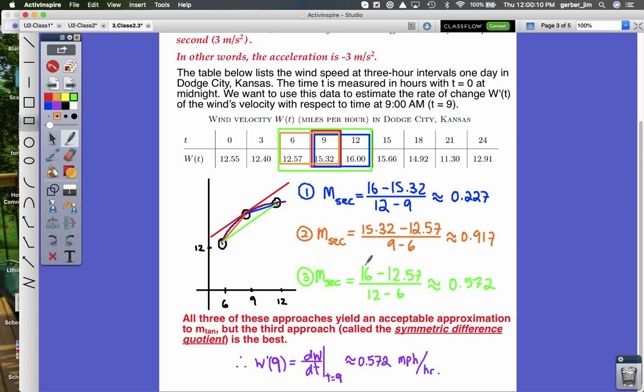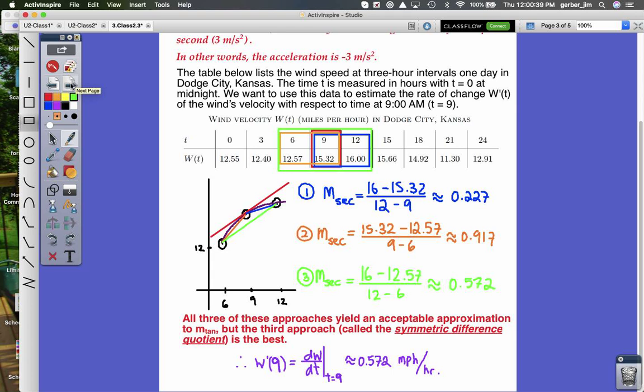In other words, I'm saying at 9 o'clock in the morning, the wind speed is increasing by about 0.572 miles per hour for every 1 hour increase in time. Or a better way of saying that is the speed is increasing 0.572 times as fast as the time is increasing. Okay, I hope that makes sense.